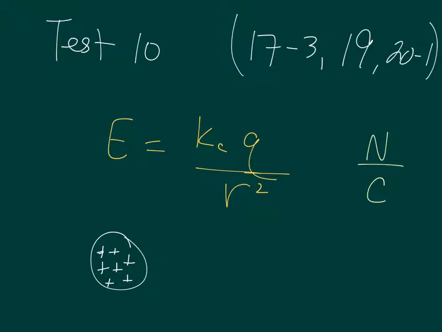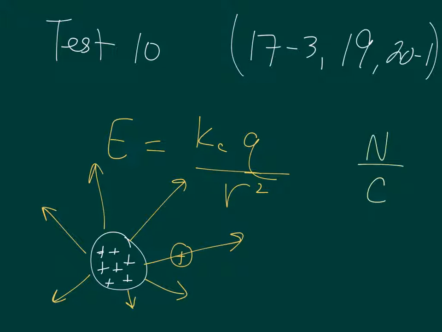So if I had a proton somewhere that was randomly put in space around this area, that proton would want to move away from the positive source. Since the proton would want to move away, it would have to be drawn like this. So field lines are drawn outward from a positive source. For a negative source, it is inward.